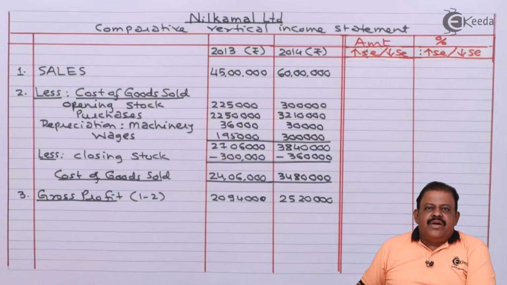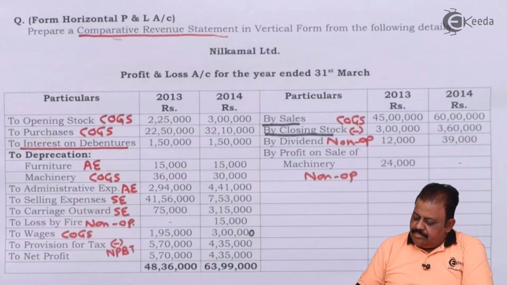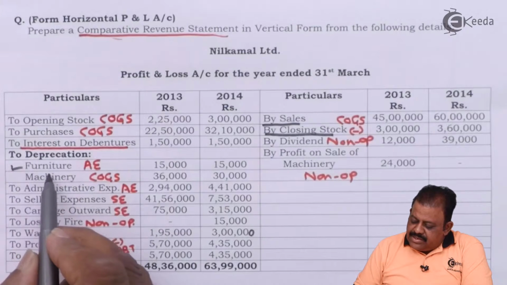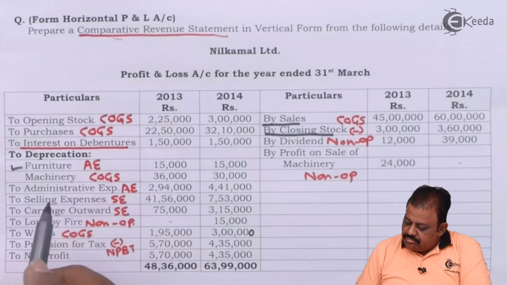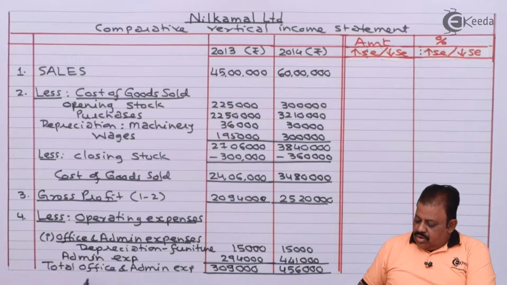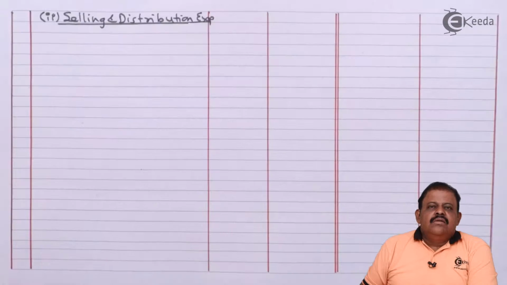From this we are required to deduct operating expenses, office and administration expenses, depreciation on furniture, administration expenses. Total office and administration expenses 3,09,000 and 4,56,000.